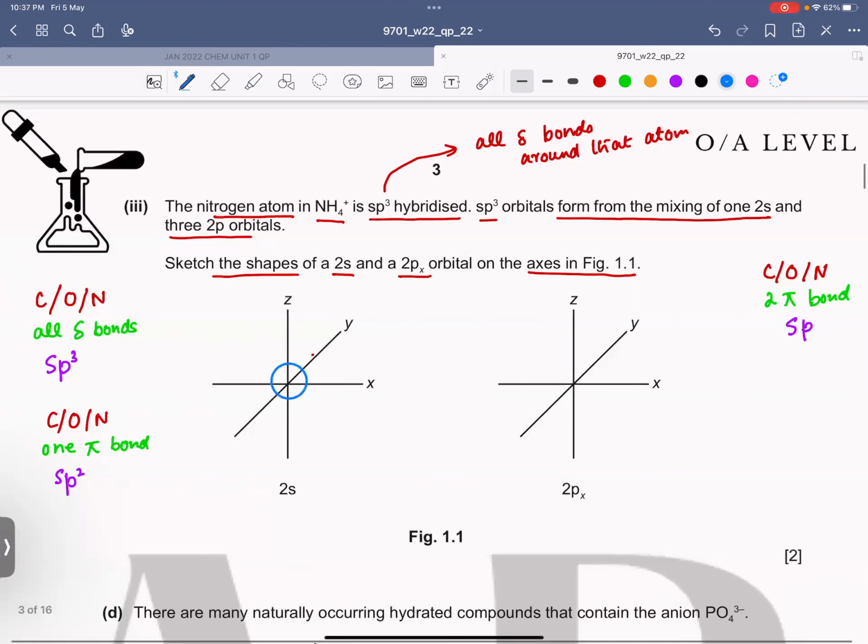Then they ask you to draw 2px. So on the x-axis, we would make two lobes to form 2px. Is this clear? Sir, to show 2s, won't we make a small 1s inside? No, there is no necessity to show 1s inside it.